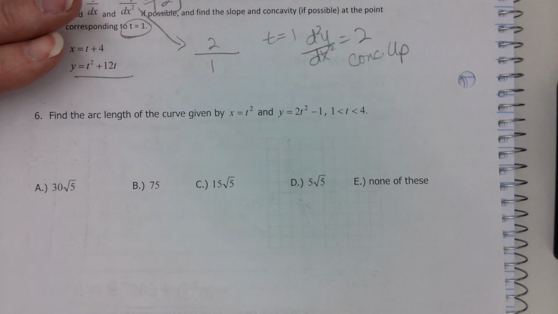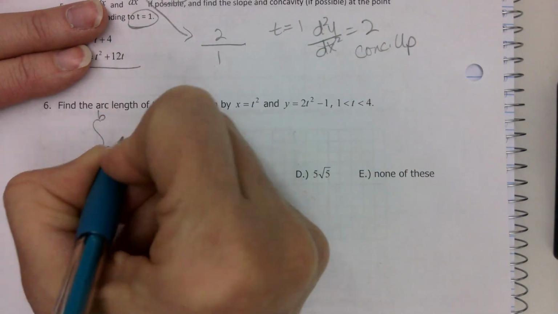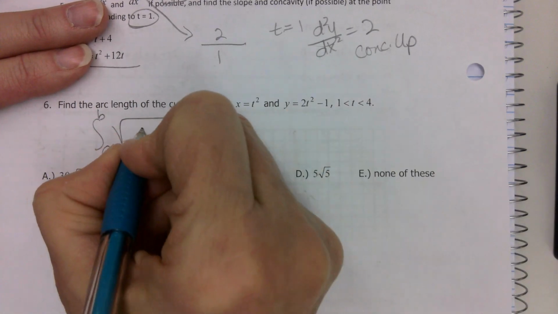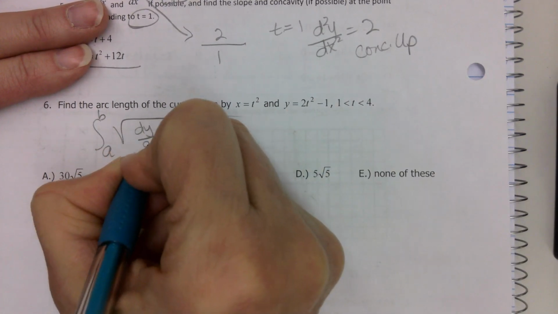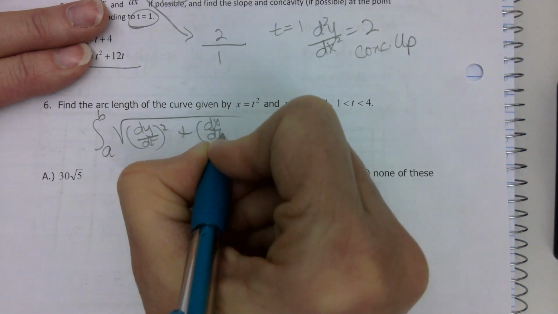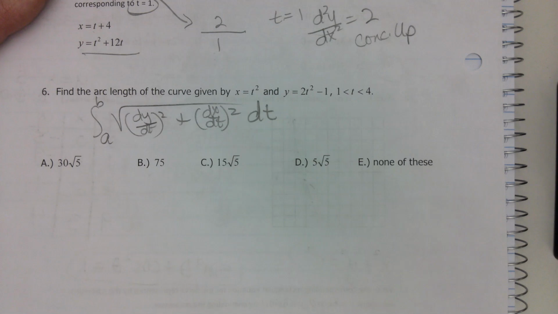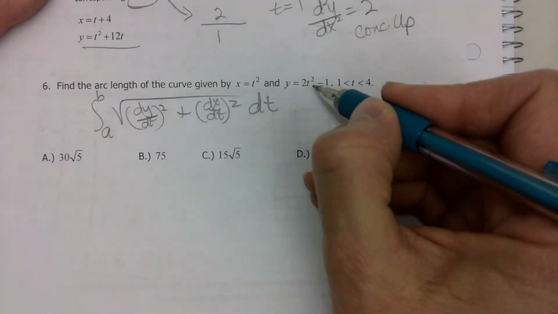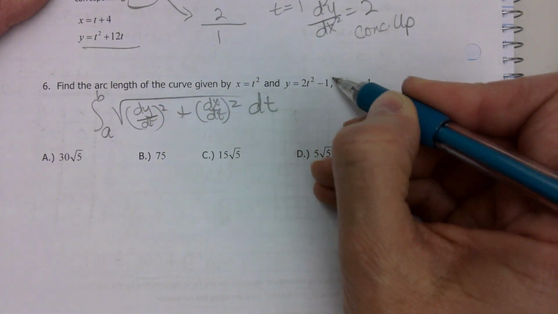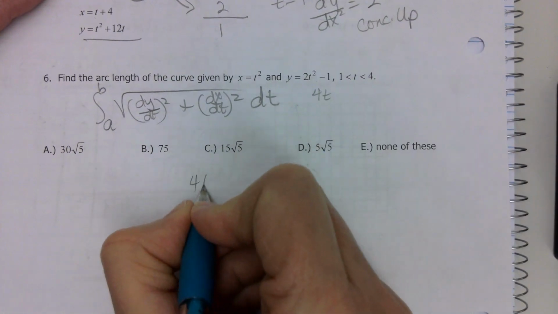Arc length formula, people. The integral from a to b of the square root of dy/dt squared plus dx/dt squared dt. Beautiful. Great formula. What is dy/dt, people? 4t squared.